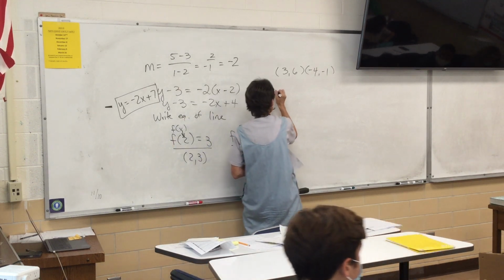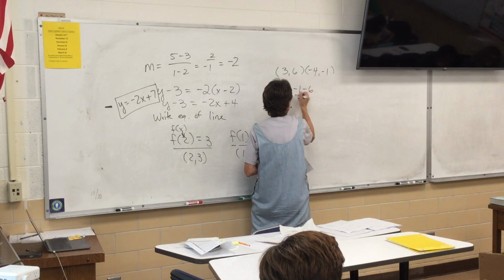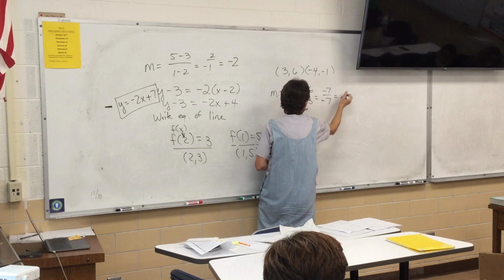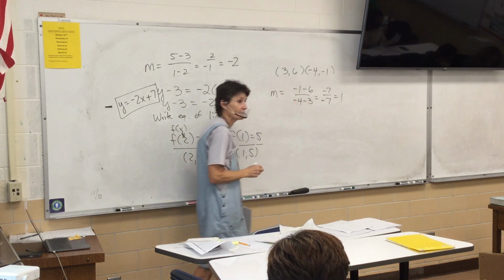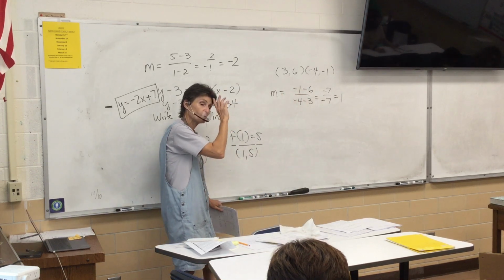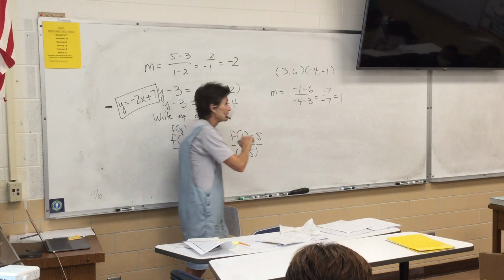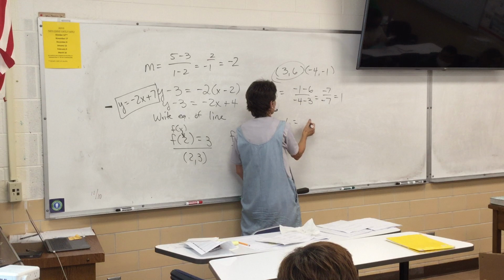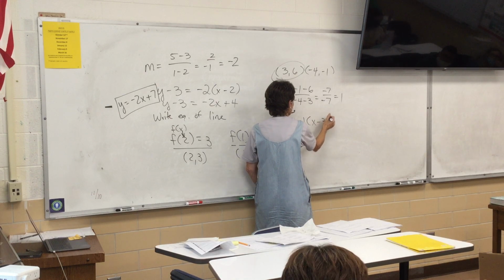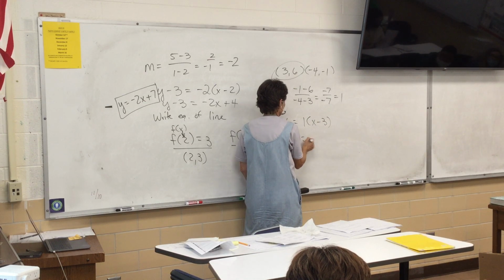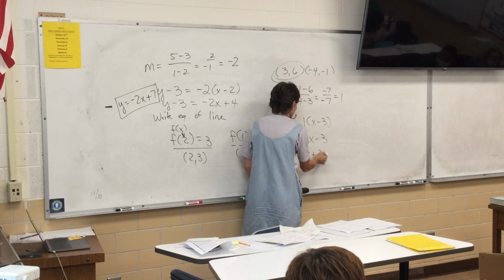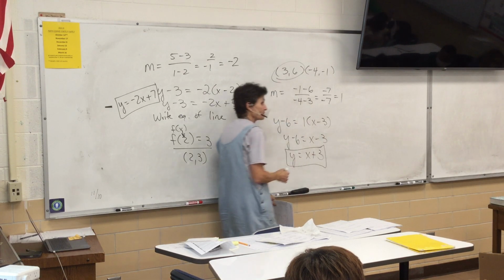Okay, so what was your slope? I'm getting positive 1, negative 7 over negative 7, or 7 over 7, depending on which way you subtracted. So I'll just pick this point, y minus 6 equals 1 times x minus 3. I got y equals x plus 3 is my answer.